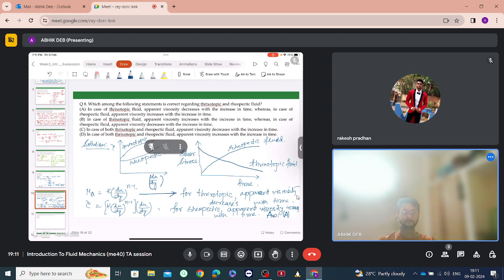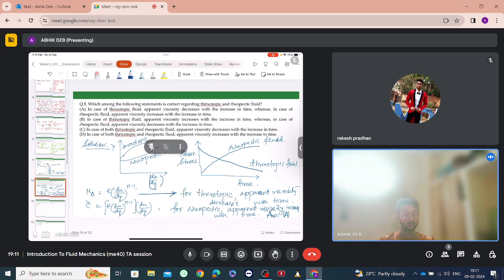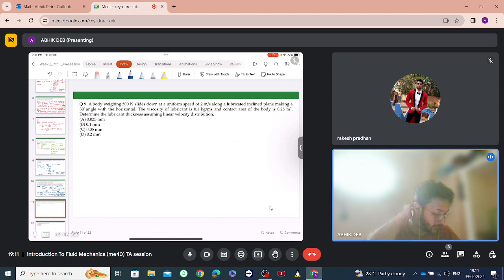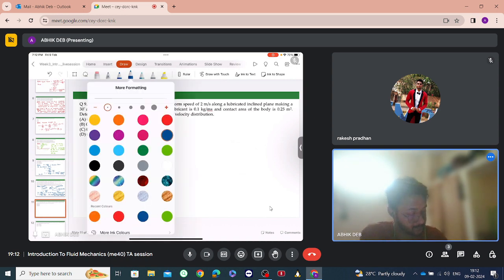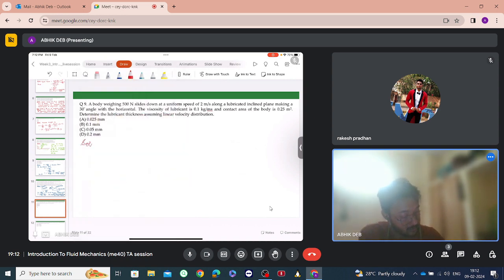Okay, so coming to the next problem: a body weighing 500 newtons slides down at a uniform speed of 2 meters per second along a lubricated inclined plane, making a 30-degree angle with the horizontal. The viscosity of the lubricant is 0.1 kg per meter second, and the contact area of the body is 0.25 square meters. Determine the lubricant thickness assuming linear velocity distribution.